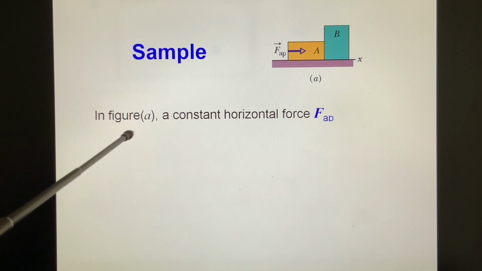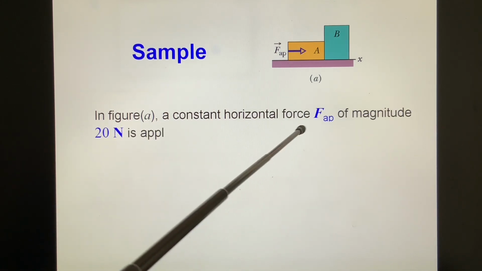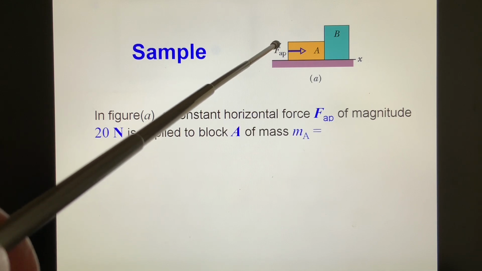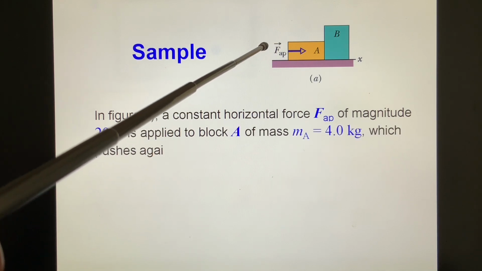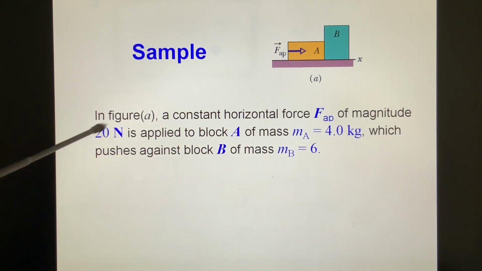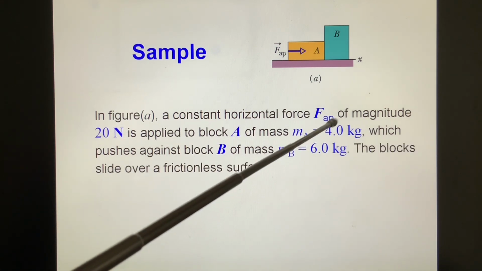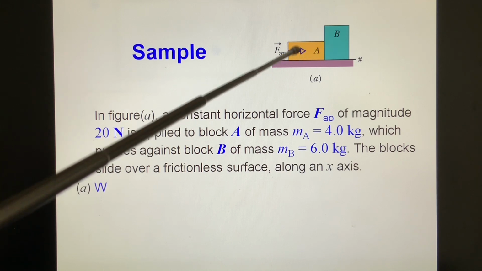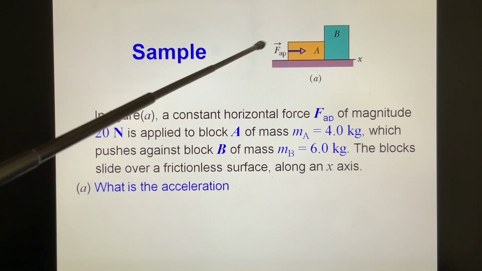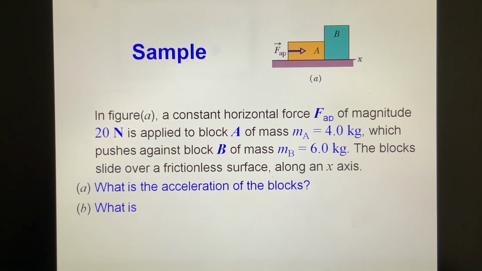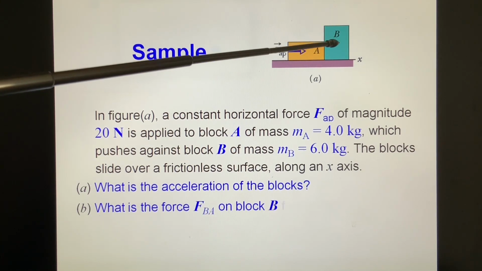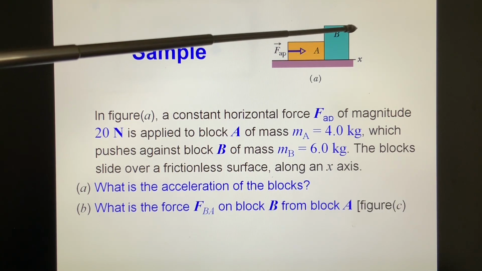In figure A, a constant horizontal force FAP of magnitude 20 Newton is applied to block A of mass MA equals 4.0 kilogram. F is 20 Newton, which pushes against block B of mass 6.0 kilogram.